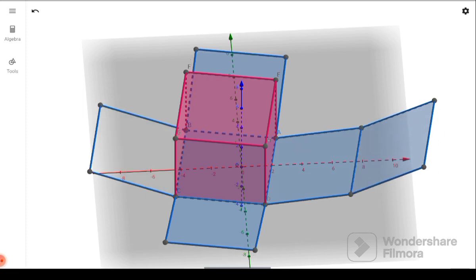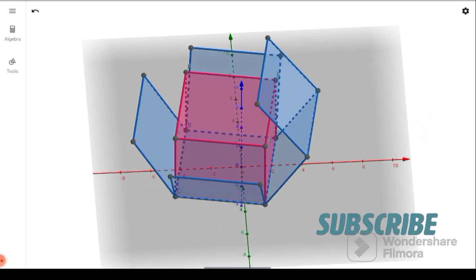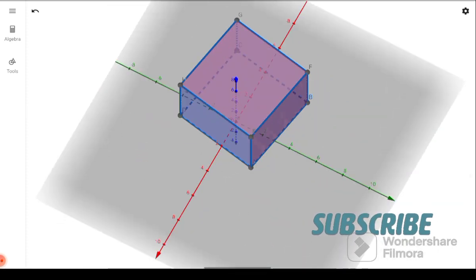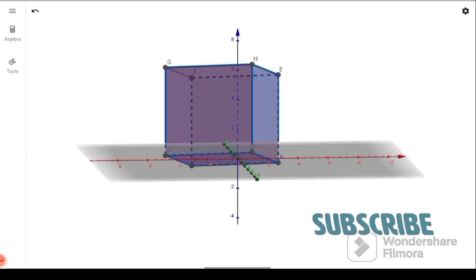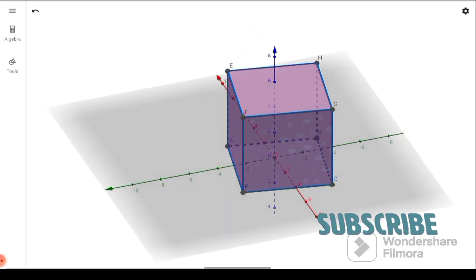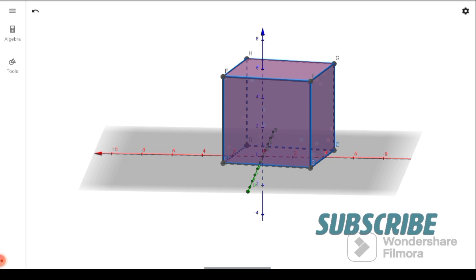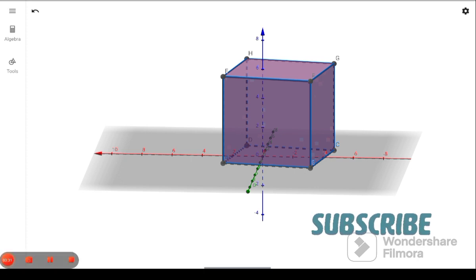So now you tell me, what can be the surface area of a cube or a cuboid? One by one I will show 3D animations, and then I will explain the surface area of each. Okay, let's start.